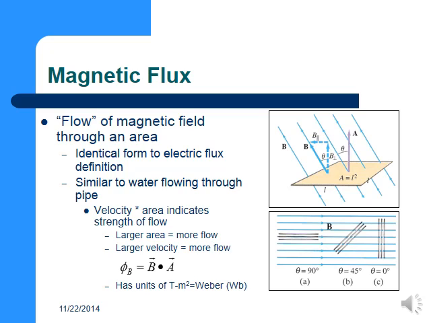So the relative strength of that water flowing through the pipe can be thought of as velocity times area. So larger area gives you greater strength. Higher velocity gives you greater strength. Here we have magnetic flux equal to B dot A. We've seen this before with electric flux. The units of magnetic flux are Webers, Tesla meters squared.